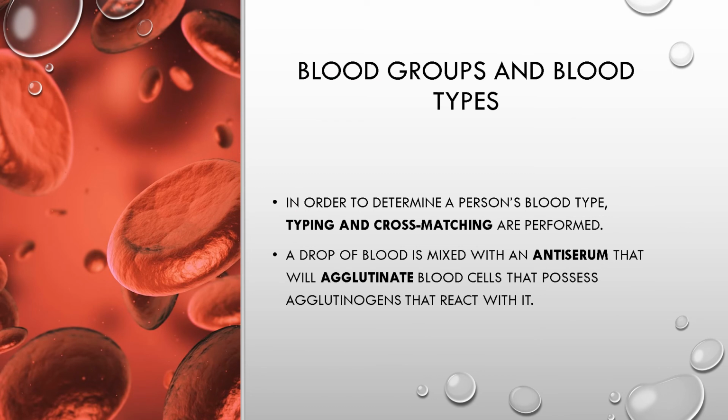Now, to avoid blood type mismatches, lab technicians will type the patient's blood and then either cross-match it to potential donor blood or screen it for the presence of antibodies. In this procedure for ABO blood typing, single drops of blood are mixed with different antiserums.